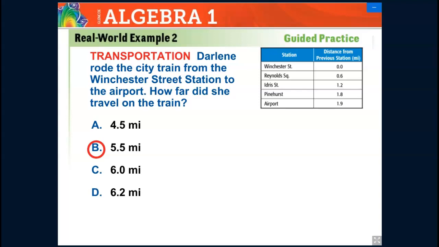Okay, next, Darlene rode the city train from the Winchester station to the airport. How far did she travel on the train? So in order to get that answer, you're going to sum all of the parts.